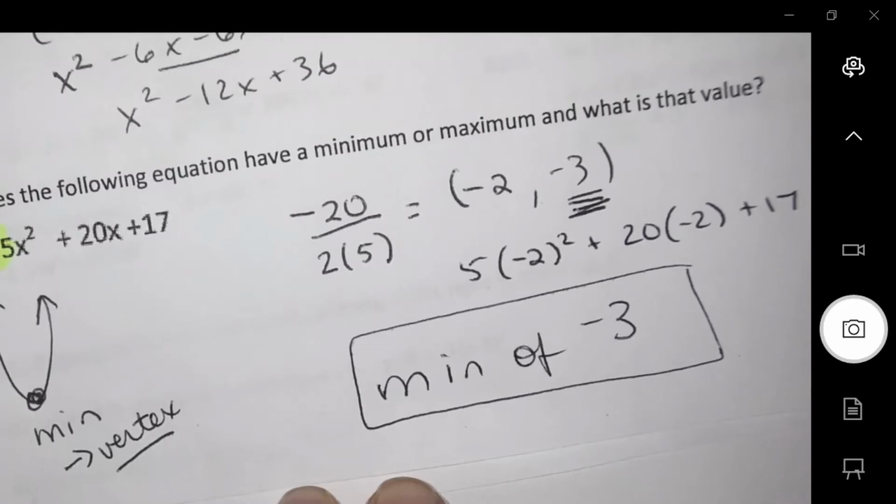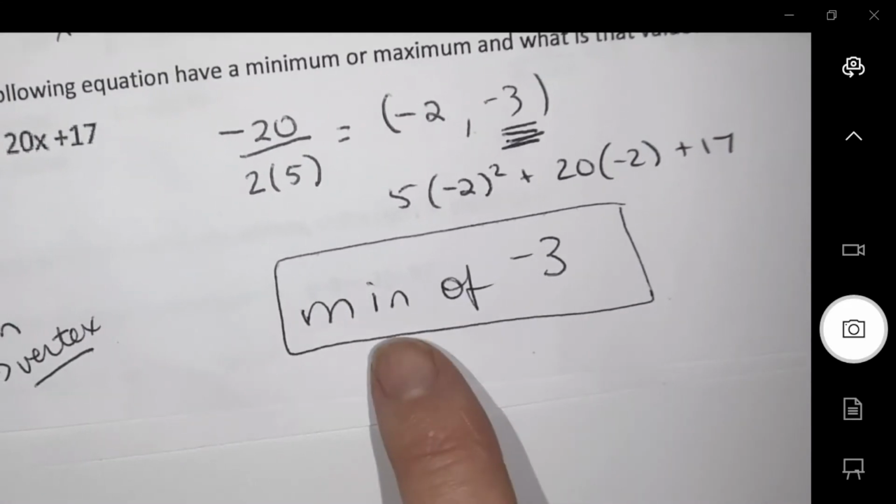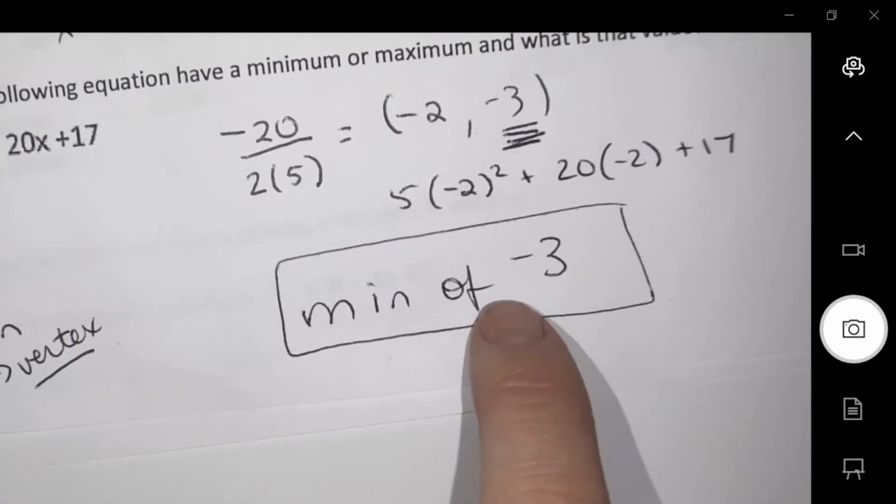Okay, so this is how I would write my answer. There's a min of negative 3.